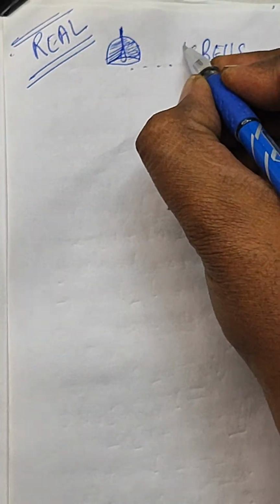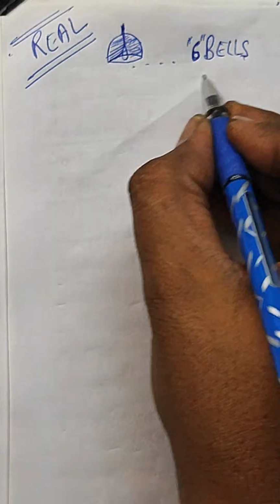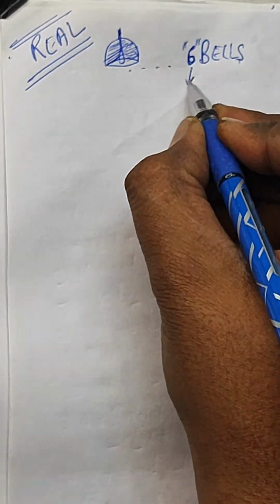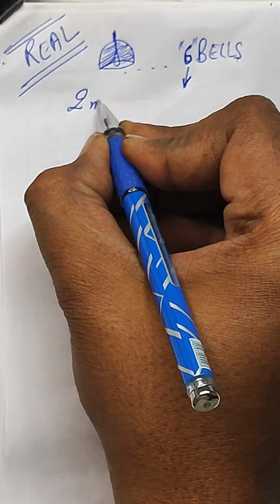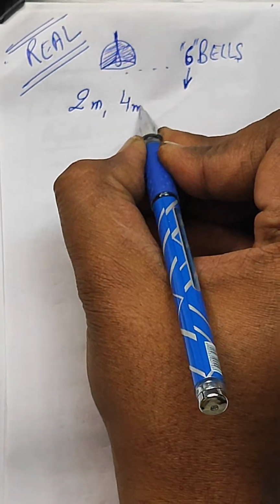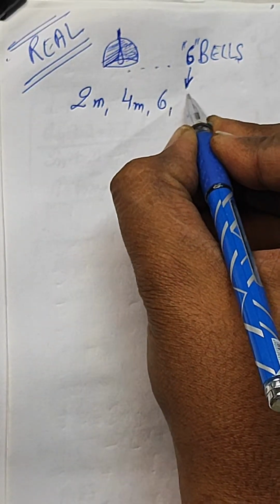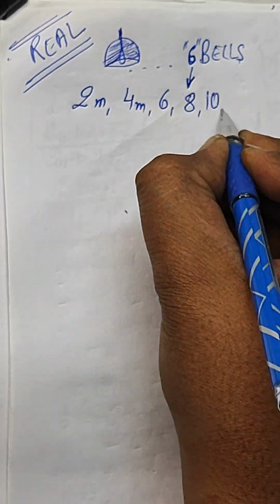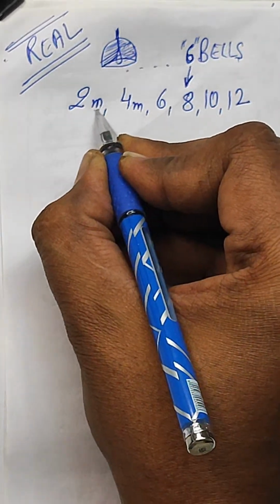such six bells, and all those bells are ringing at intervals of 2, 4, 6, 8, 10 and 12 minutes. All these are in minutes.